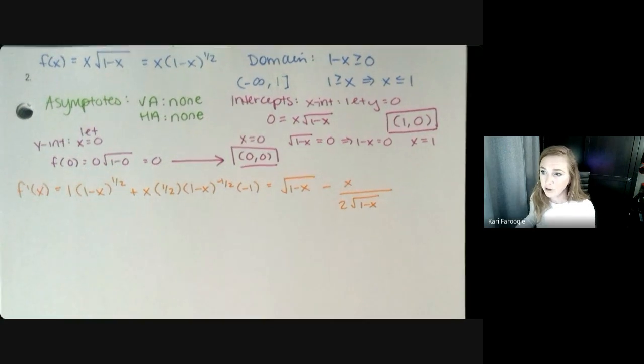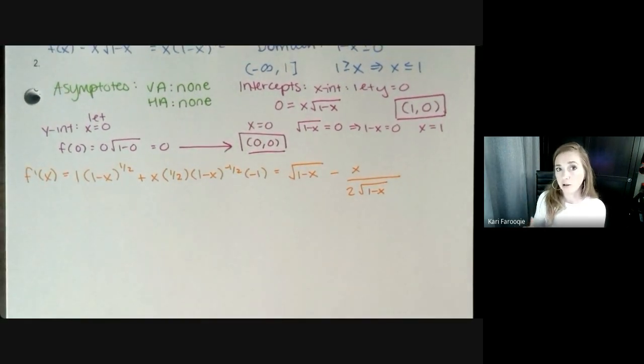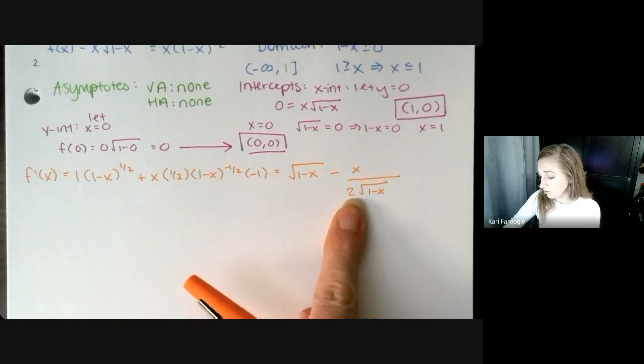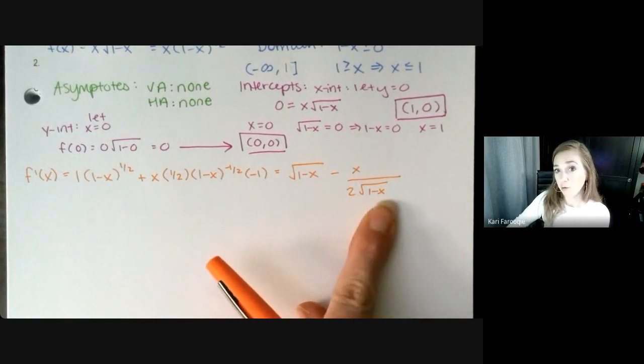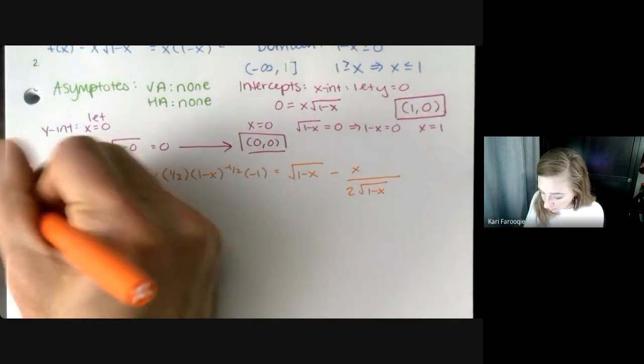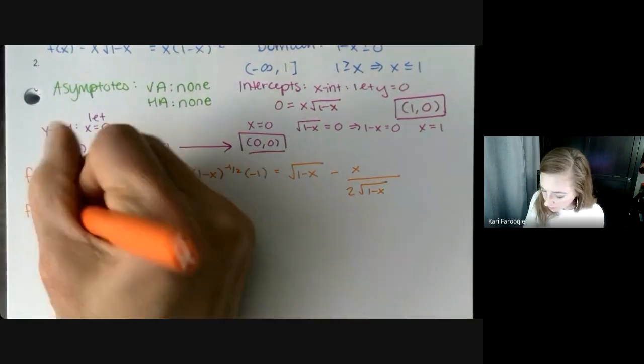And then we can write this as one fraction so that we can look for critical numbers, looking at where the numerator is equal to 0 and where the denominator doesn't exist. So to write this as one fraction, I'm going to multiply the first term by this denominator, 2 times the square root of 1 minus x. So remember, I'm not changing anything. I'm just rewriting it so that we can combine these two.